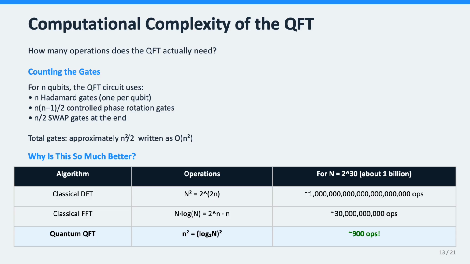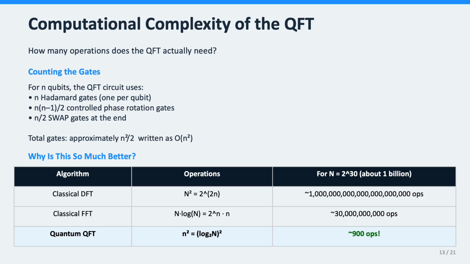Now compare this to what those qubits actually represent. A small number of qubits can hold an astronomically large number of values in superposition simultaneously, because the number of simultaneous states is 2 raised to the power of the number of qubits.